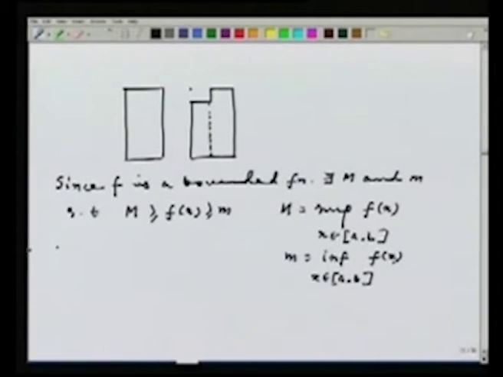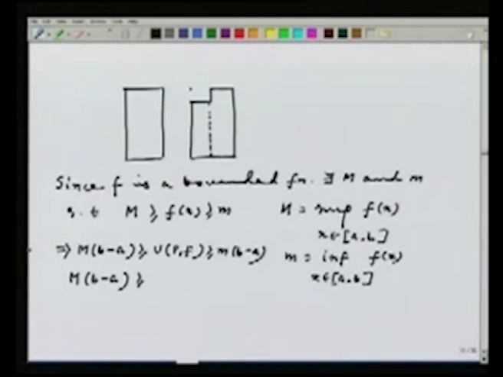Notice then that this implies that capital M into (b minus a) is always bigger than or equal to UPF, and it is bigger than or equal to little m into (b minus a). Similarly, capital M into (b minus a) is bigger than or equal to LPF, which is bigger than or equal to little m into (b minus a).